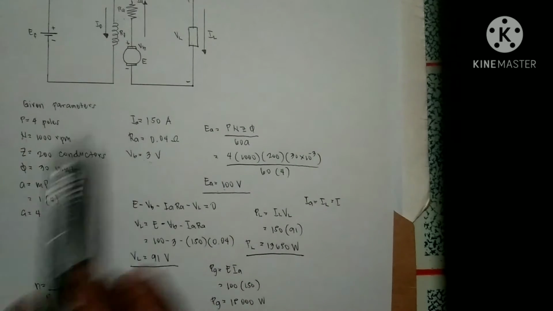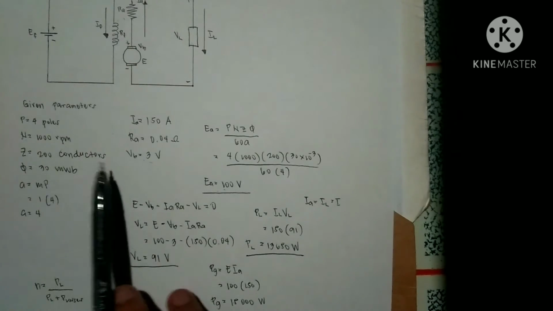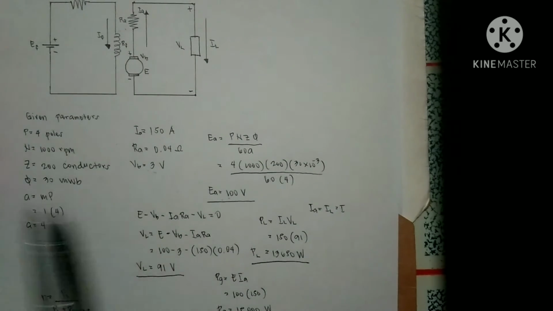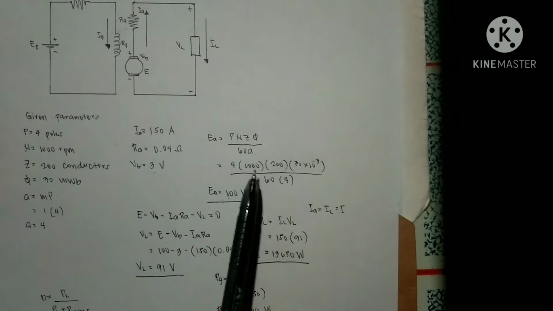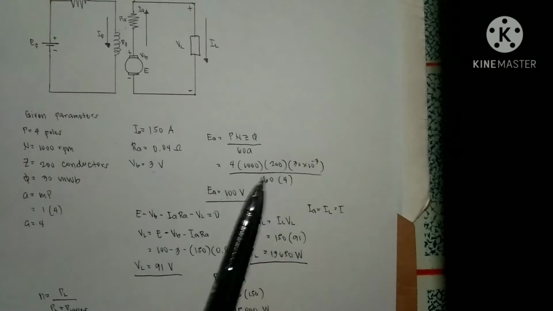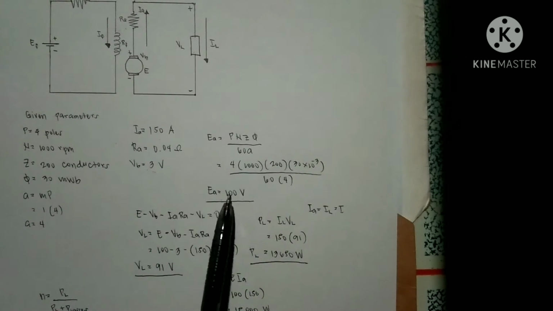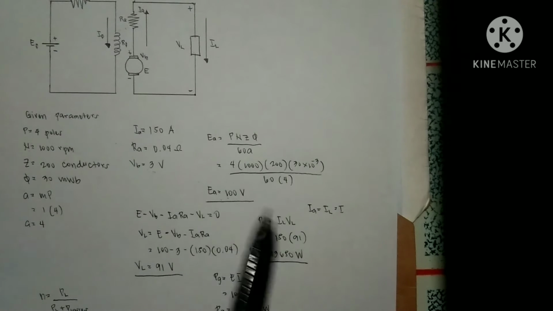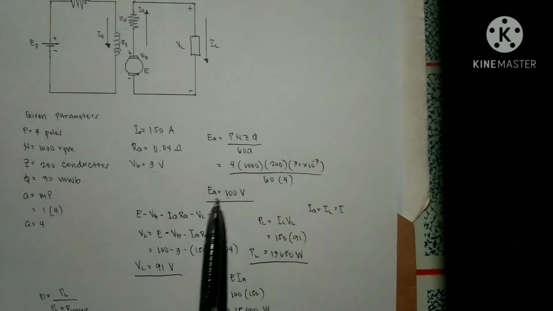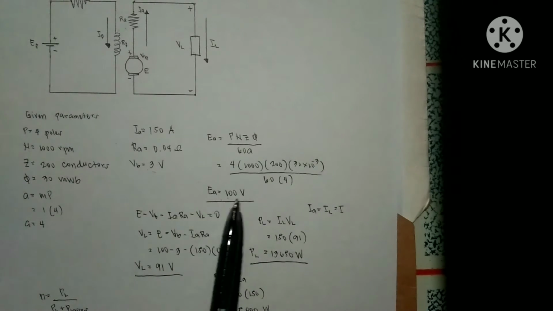Since we have all the given parameters, we simply substitute all the values here. Upon substitution, we got that our EMF, the generated EMF, is 100 volts.